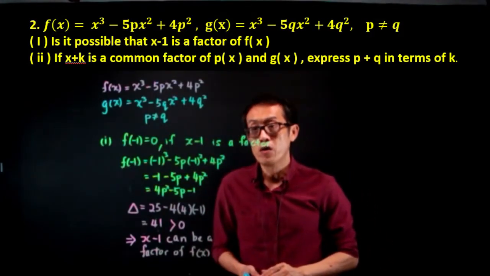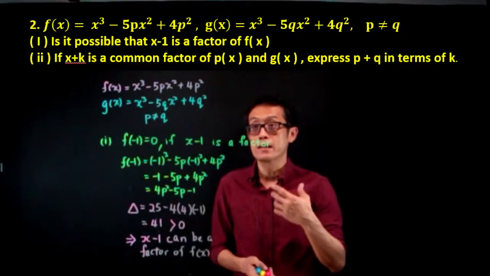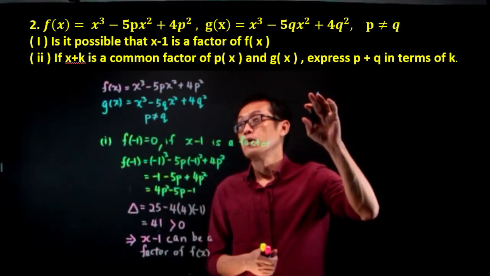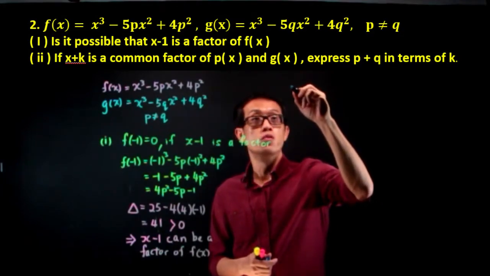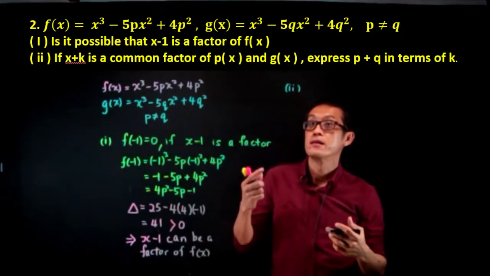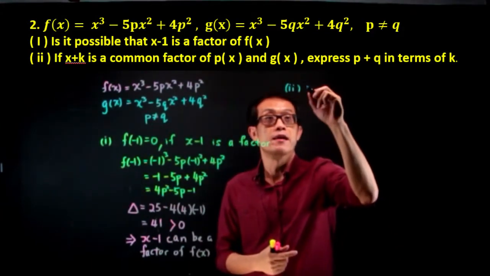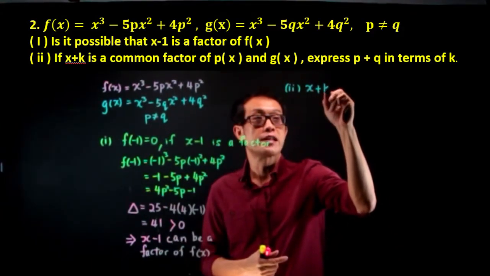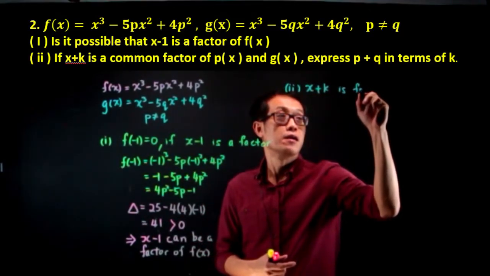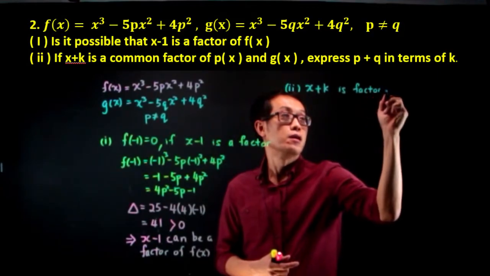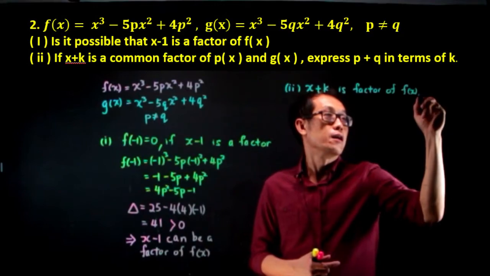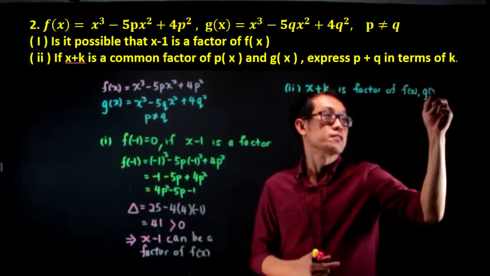Now let's move on to part 2. In part 2, it is given that x plus k is a factor of f of x and g of x.